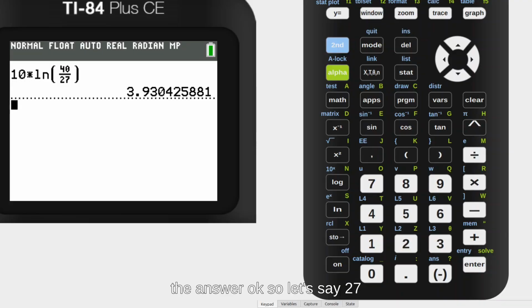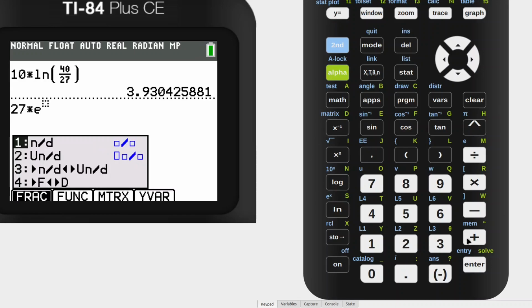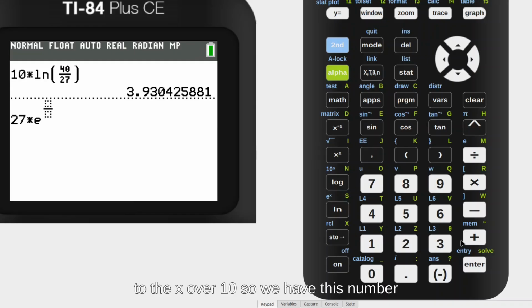Okay, so let's say 27 times e, where e is raised to the x over 10.